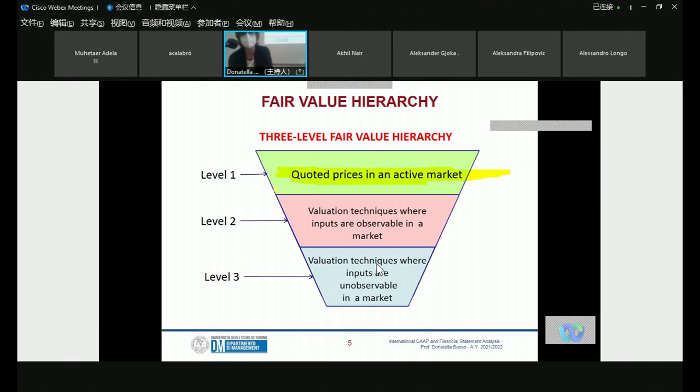In this case, the fair value is determined according to level 1. Okay? Level 1 means that the company does not estimate the fair value. The company simply reads the market price. The market price is available because the asset is exchanged in the market. So it's easy to determine the fair value. No estimates, level 1. Okay?